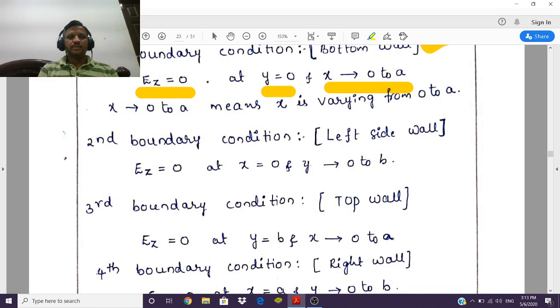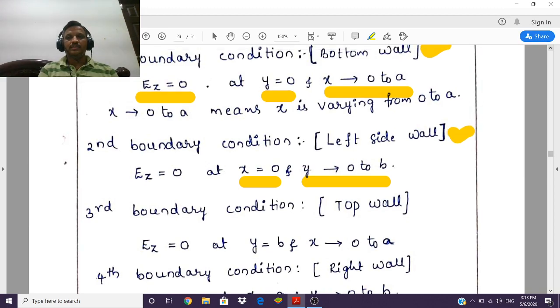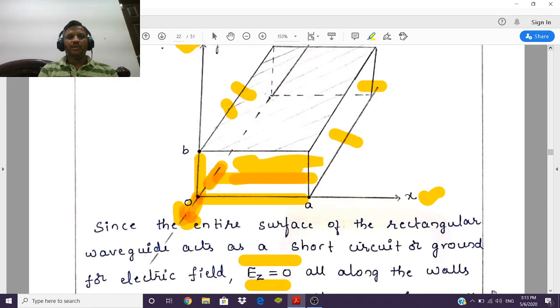At the same time, let us see the second boundary condition. For the second boundary condition, Ez is 0 for x equal to 0 and y ranging from 0 to b, and we are taking this for the left side wall. This is the left side wall. Here y is ranging from 0 to b.